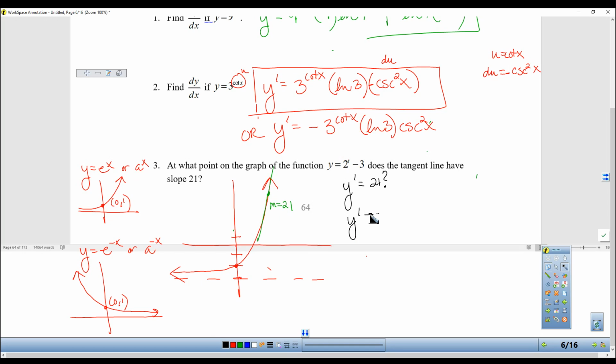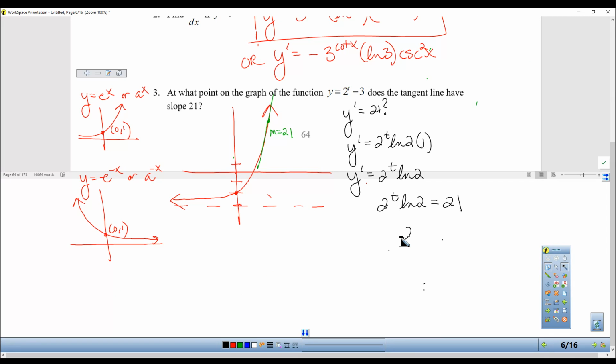So the derivative of 2 to the t is just 2 to the t times the natural log of 2 times the derivative of our u, which is just 1. So y prime is 2 to the t natural log of 2. When is that equal to 21? This is the equation we need to solve.